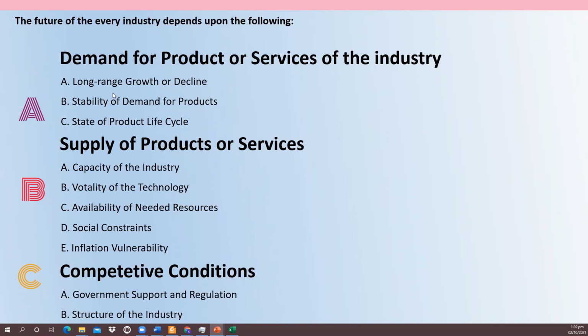So for the long-range growth or decline, this talks about kung pwedeng mag-grow ba siya and then magda-decline. Pero usually talaga nagda-decline yung mga service or products. So that is why laging may mga version 2, sa cellphone naman may nililikha ulit na bago, para hindi lang mamatay yung business.